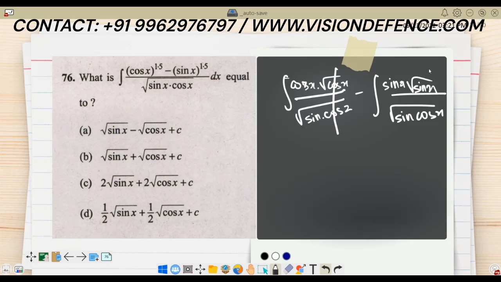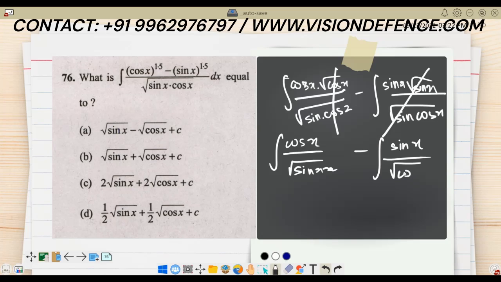See, root cos x and root sin x cancel. That is going to leave us with cos x by root sin x, sorry, minus sin x by root cos x, right?